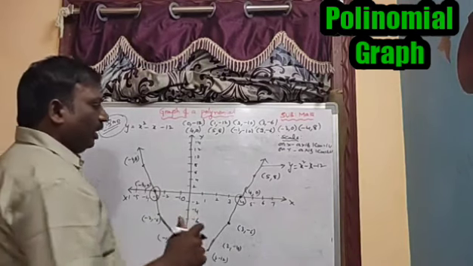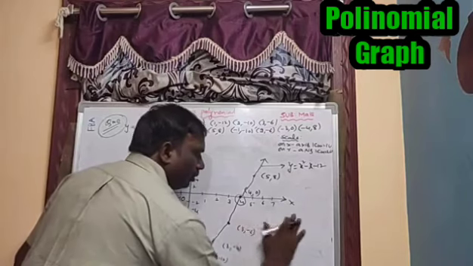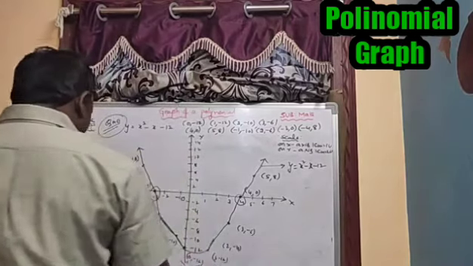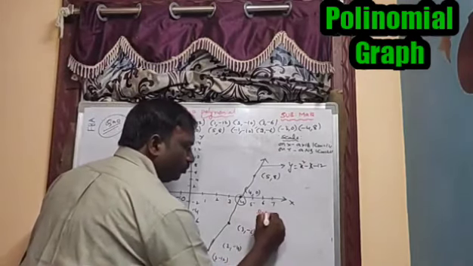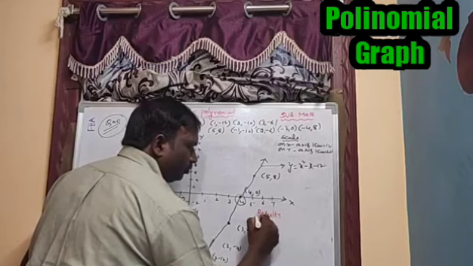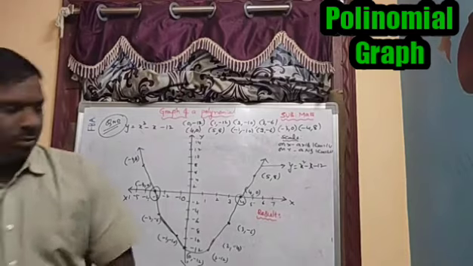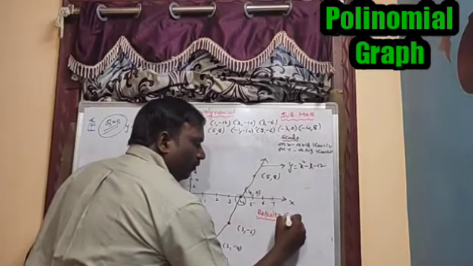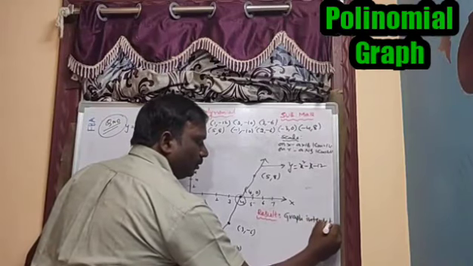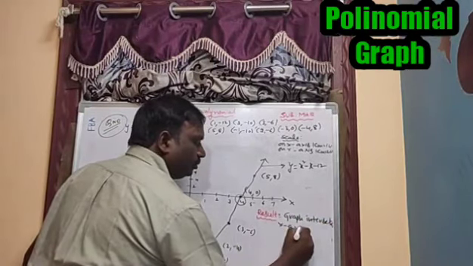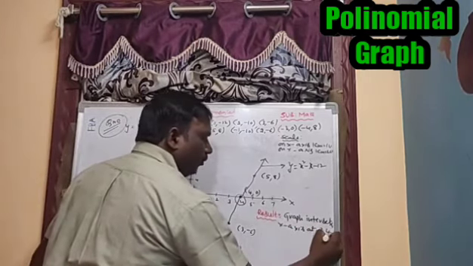Result: the graph intersects the x-axis at minus 3 and 4.